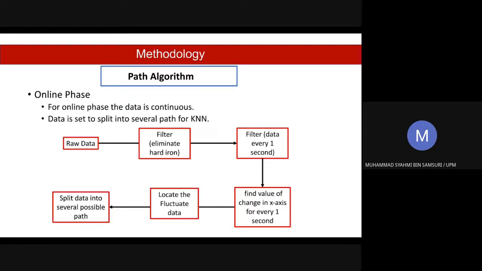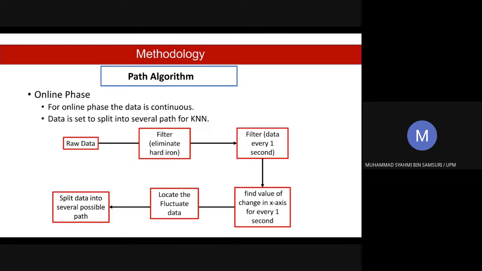Next is the online phase. In the online phase, the data is a continuous data type. The data is split into several paths for KNN. We need to split the continuous data into several paths for KNN because our offline database is in several paths, so that's why we need to split it.